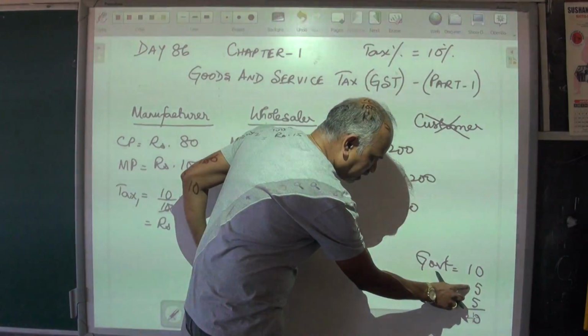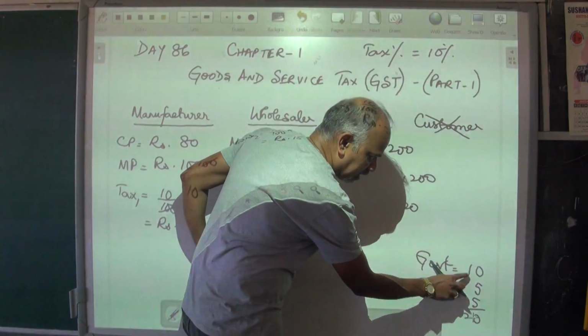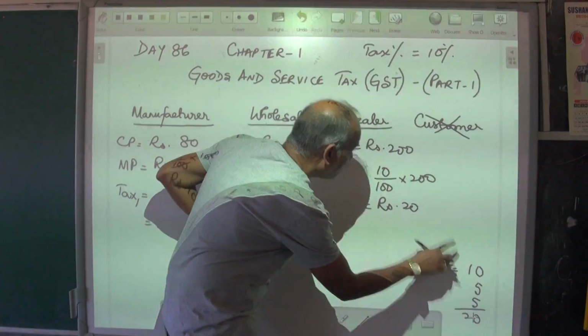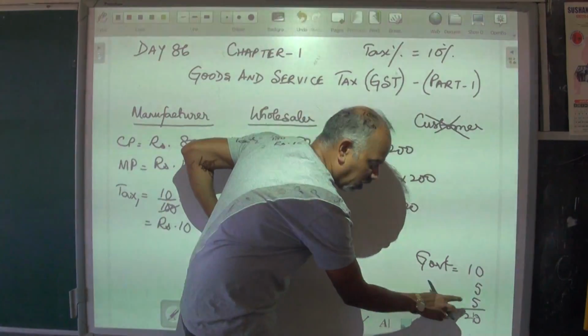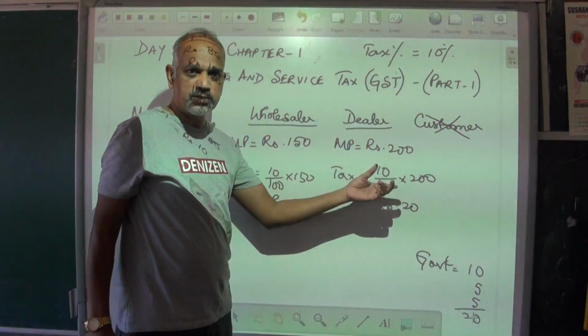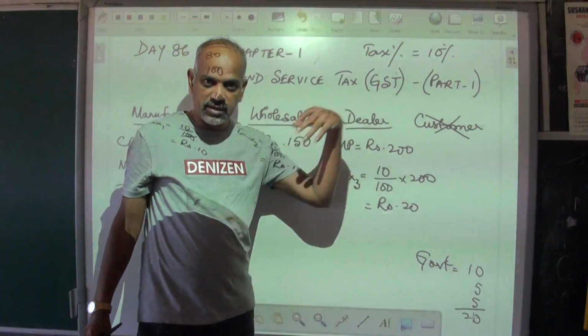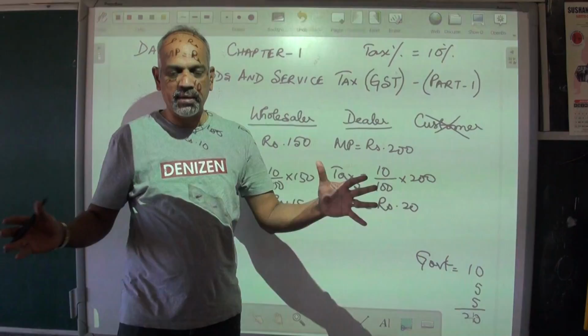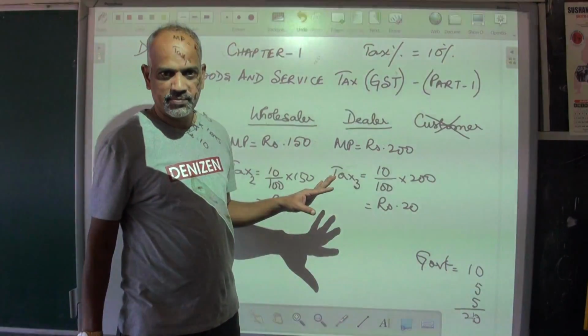So these taxes which were paid individually by the manufacturer, then by the wholesaler, then by the dealer, these are called GST. Okay. So GST is actually the difference between the tax collected from someone and the tax you already paid. The difference between them will give you the GST. Okay.